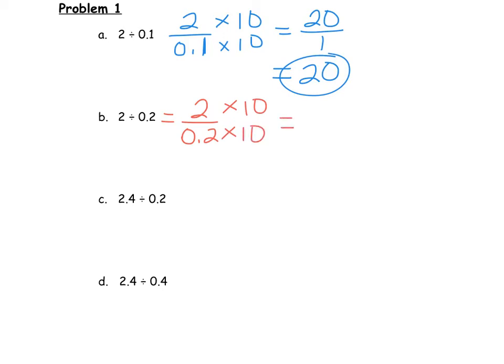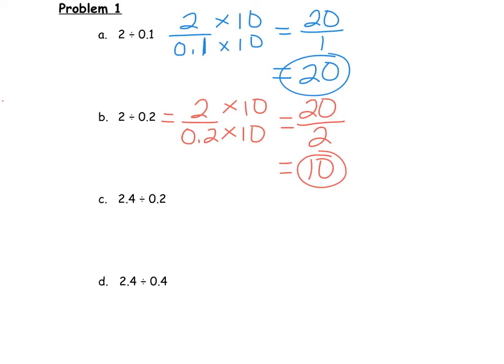So 2 times 10, that 2 is moving to the next place to the left, so the 2 in the ones becomes 2 in the tens, so 20 divided by 2/10. Now multiplied by 10 means that 2 moves to the ones place, so 20 divided by 2 is equal to 10. So 2 divided by 2/10 is 10.